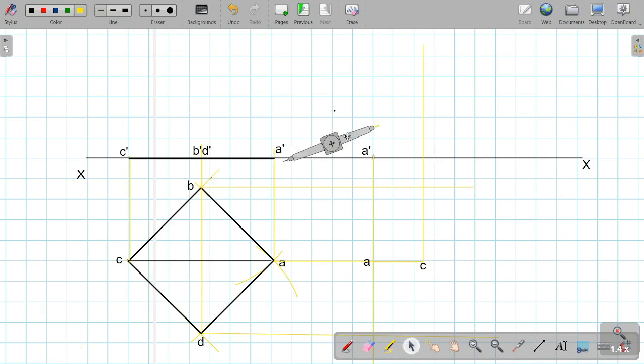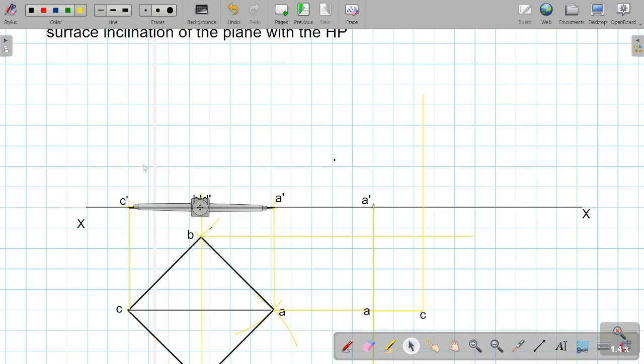Now taking the compass, measuring the distance from point A to point C. Now we will keep this compass at point A, and this distance should be measured on the projector of C. Why C?